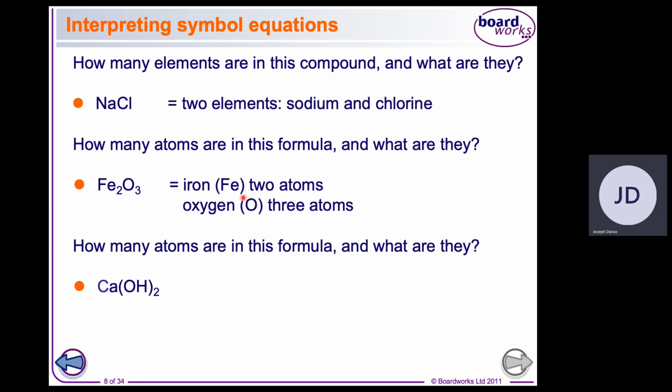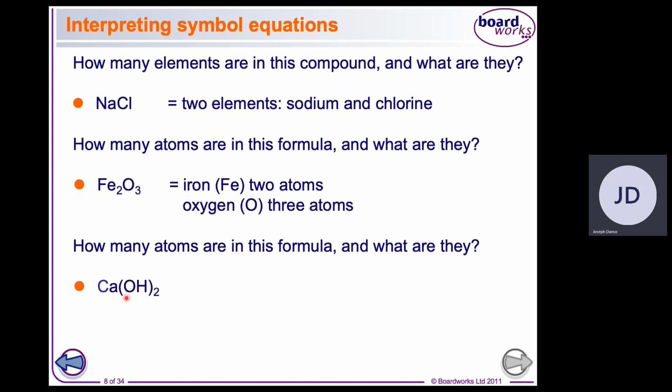We have 2 lots of iron and 3 lots of oxygen. So the elements in this compound are iron and oxygen, and we have 2 iron and 3 lots of oxygen.